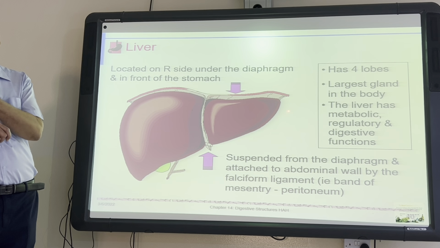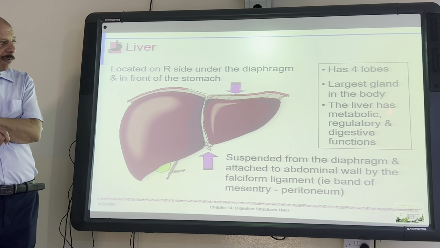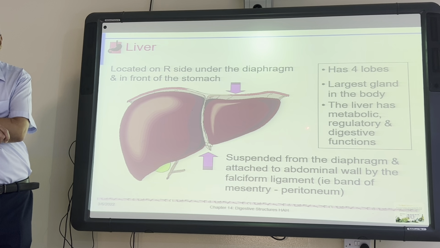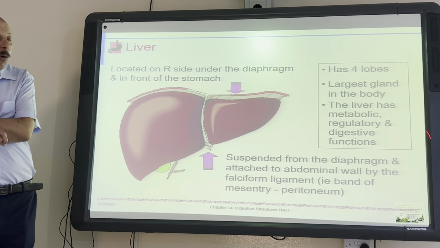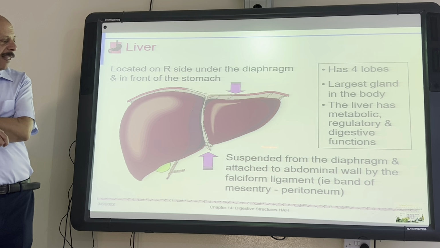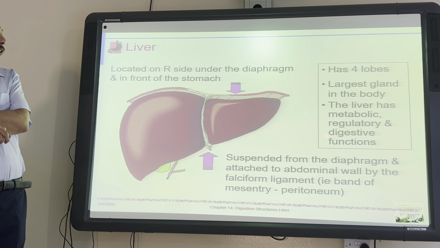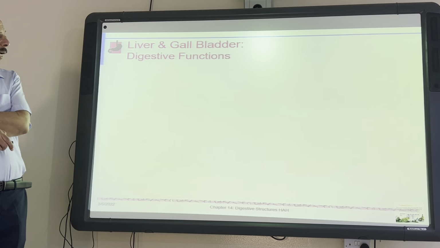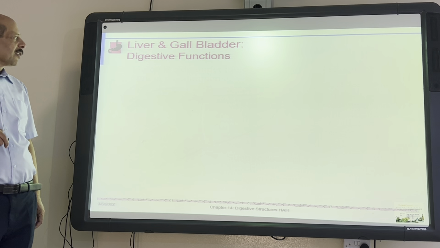So it works for metabolism and also for digestion. We will come to the function of that. For digestion, it is producing the bile salts that will help in digestion, and the metabolism, we will come to it.